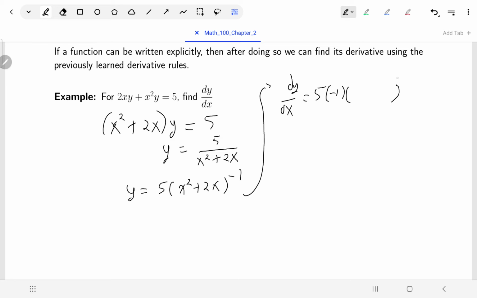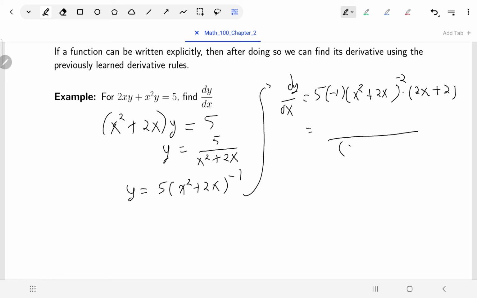Negative 1 minus 1 is negative 2. And so we've only dealt with the outside at that point, which means the inside stays as it is, x squared plus 2x. And then last thing I need to do, just take the derivative of the inside function, derivative of x squared plus 2x. x squared, the derivative is 2x, and 2x, the derivative is 2. And then the last thing I can do is just clean this up a little bit.